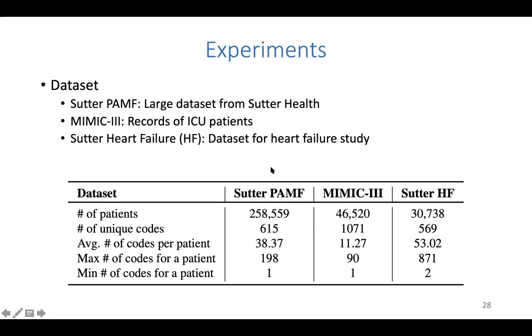So Sutter-PAMF is the original data set. Sutter-HF is actually a subset of the Sutter-PAMF data set, where we only extract patient records that are suitable for training a heart failure classifier or heart failure predictor. But the semantics is not really important. What's important here is that this is a superset of this data set.